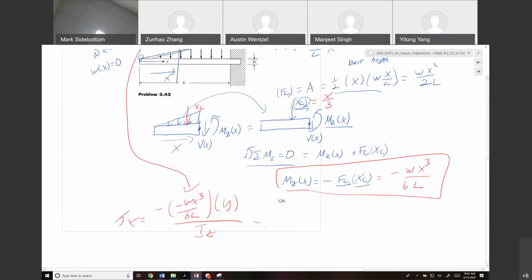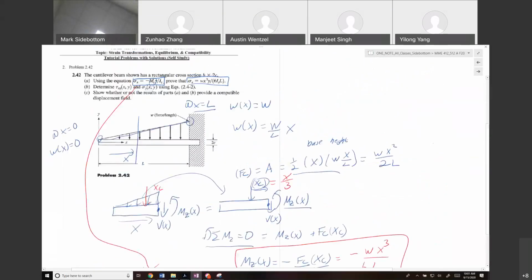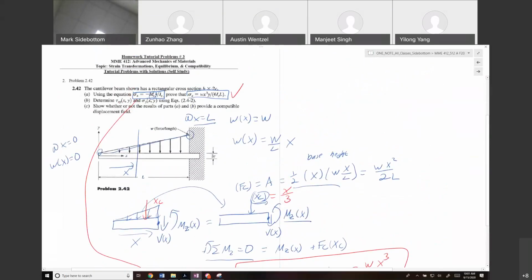Plug in minus w x cubed over 6L. If you plug all that in, we end up getting w x cubed y over 6L times Iz, which is what they had in the first part of part A.